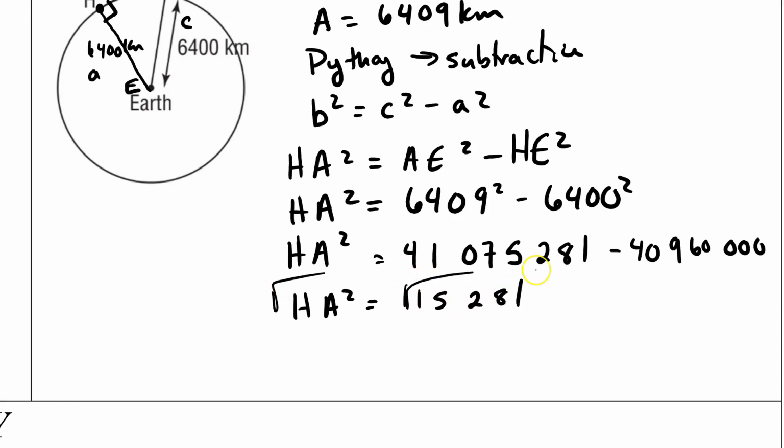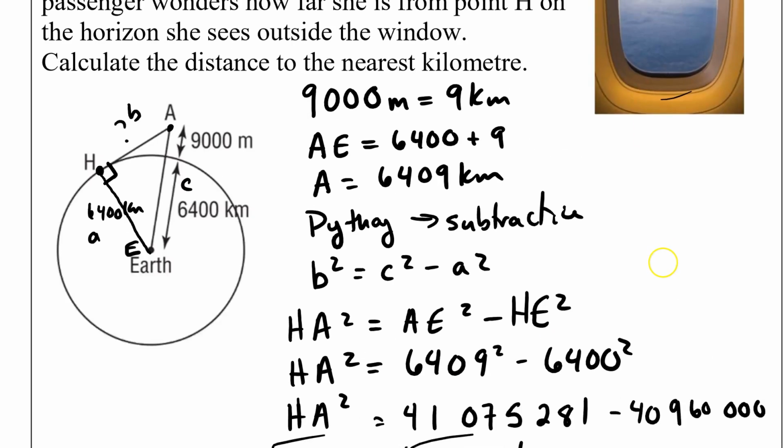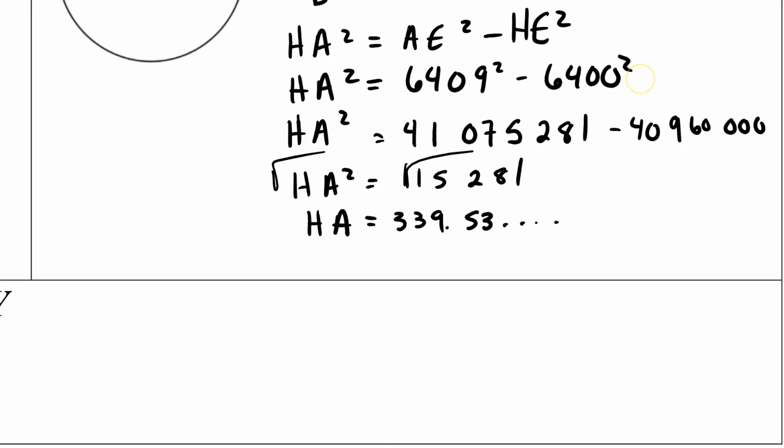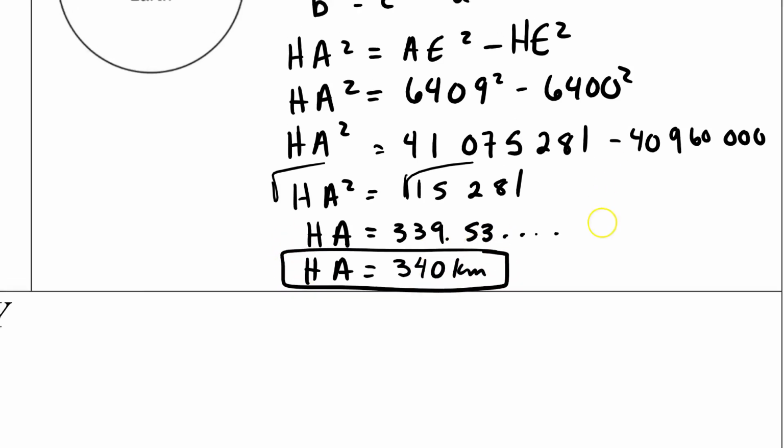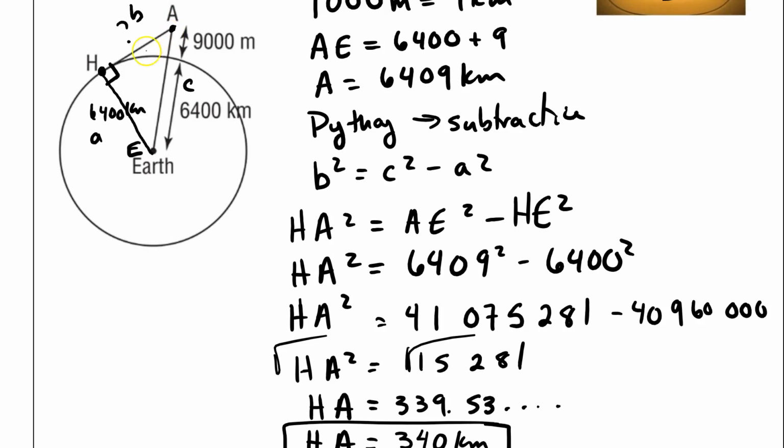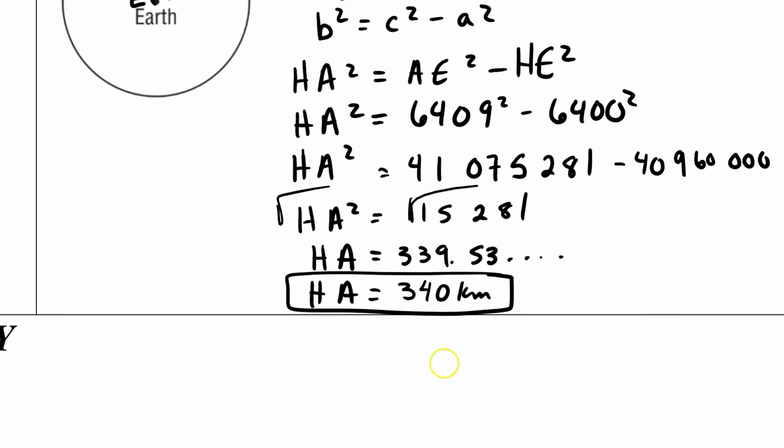When I take the square root of both sides, I get HA equaling 339.50. Oh, it's 339.5. But the question says to the nearest kilometer. So I'm going to say HA equals 339, and because this is 5 or above, we're going to say 340 kilometers. And we're done. So the distance between the airplane and the point on the horizon is 340 kilometers.